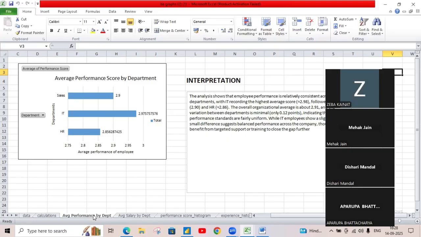With the overall company average being 2.91, this shows that performance levels are fairly consistent across departments, with IT leading slightly. This suggests no department is lagging far behind, but also none are excelling dramatically.